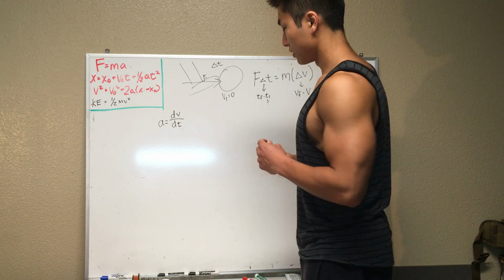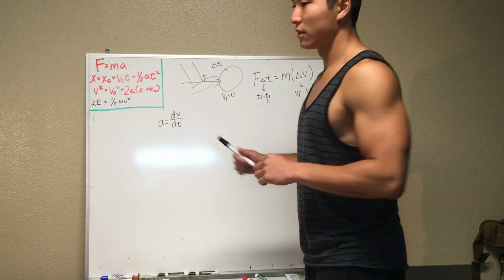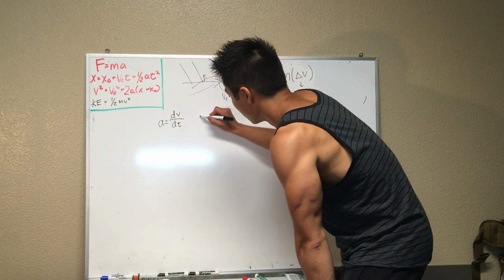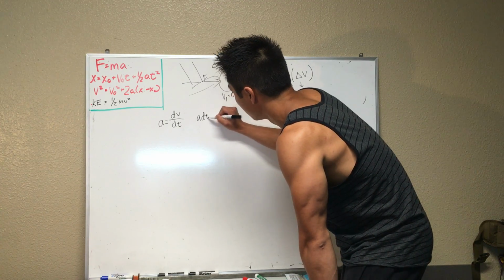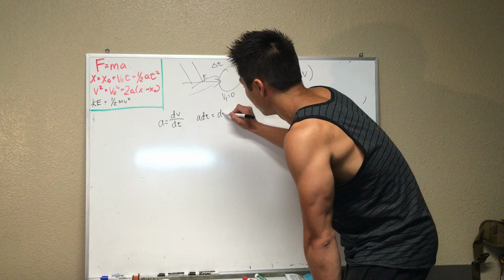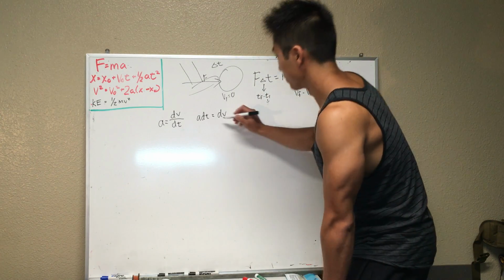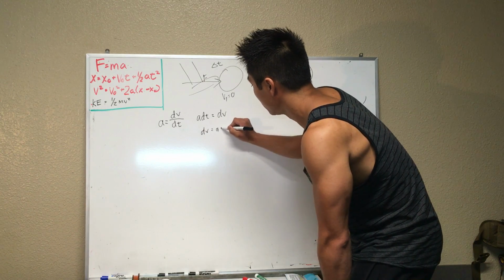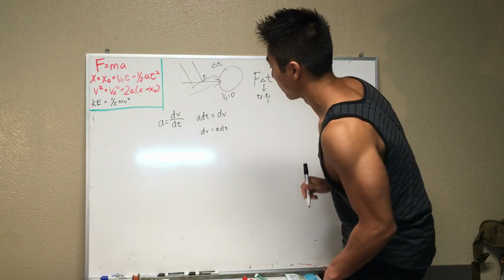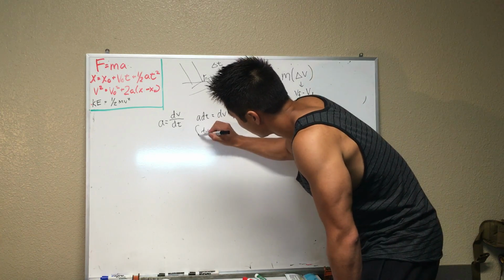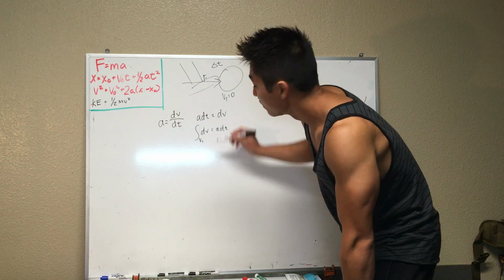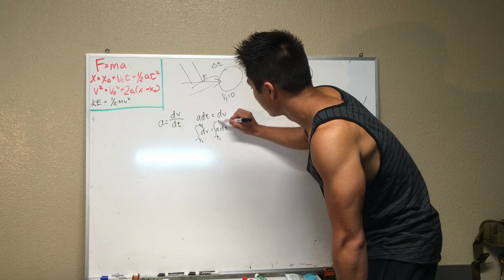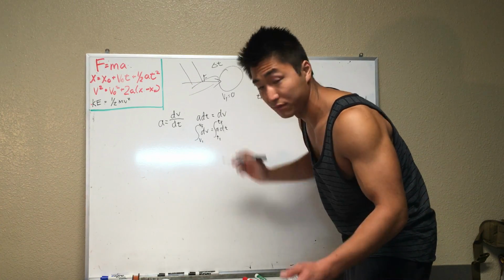The first integral that we're going to do is to find our velocity. By bringing the dt over on this side, we have a dt equals dv. We just swap this around, which is the same thing as dv equals a dt, just to make things a little bit easier for our eyes. Then we integrate from v initial to v final, and on this side t1 to t2, or t final is fine.